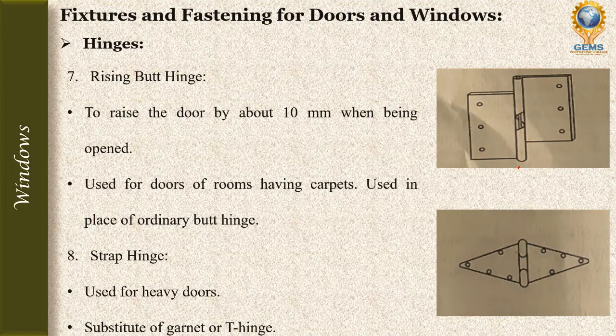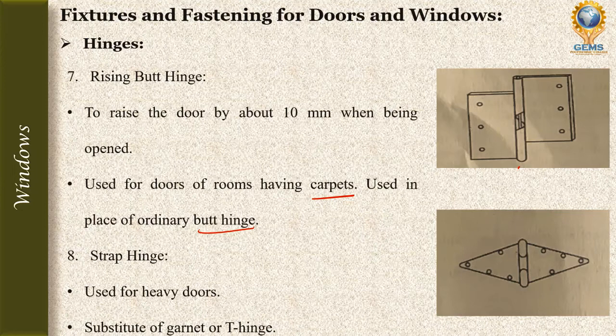We use it in rooms that have floor carpets, because the carpet would get stuck in the door at the bottom, so we don't need that. So we raise the door, and for that we use the rising butt hinge. Mostly, we also use it in place of the ordinary butt hinge.